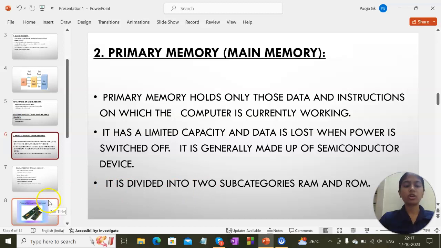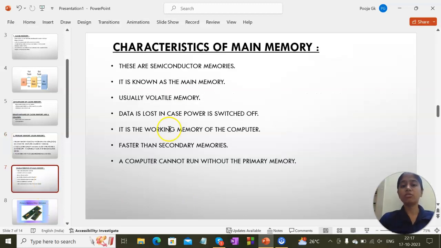Now we see the characteristics of main memory. These are semiconductor memories. Primary memory is also known as main memory. It is usually volatile memory, meaning data is lost when power is switched off.